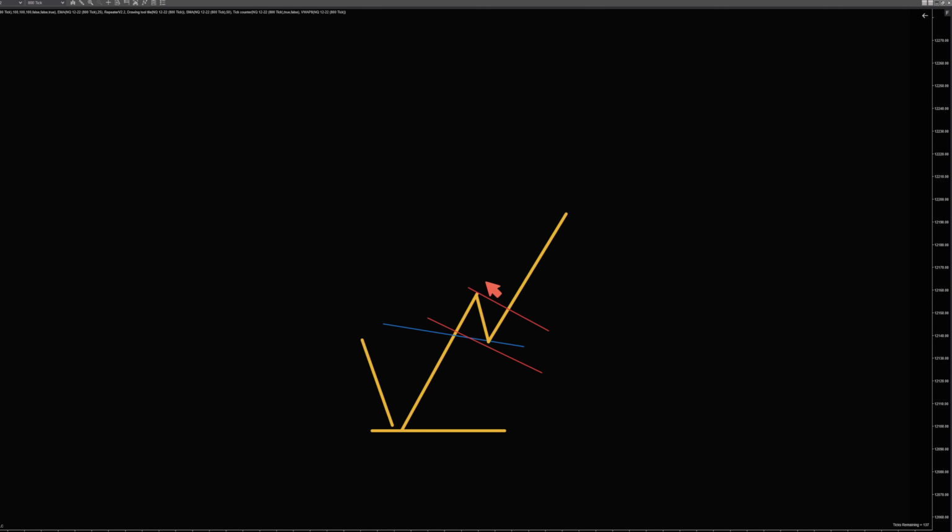If you want to enter this 1, 2, 3 move, you can try to catch the price when it is touching the bottom channel, which is usually where the moving average is going to be. When the price touches the moving average, you enter, and if the price goes down here, you need to exit very fast. This is one way to enter, with a very tight stop loss.